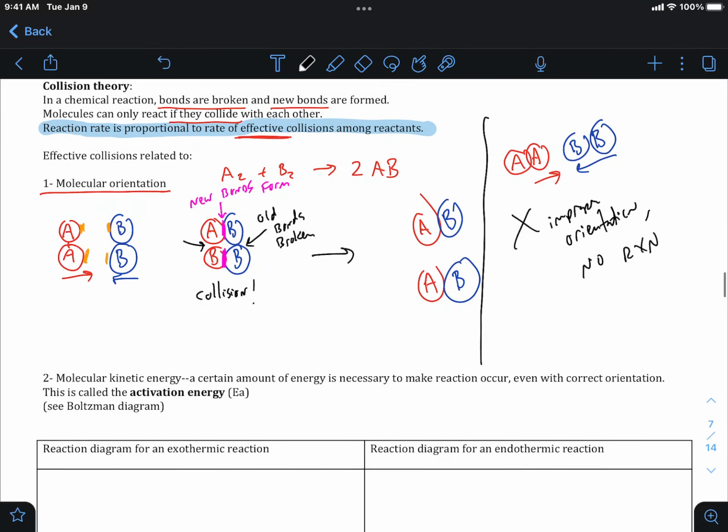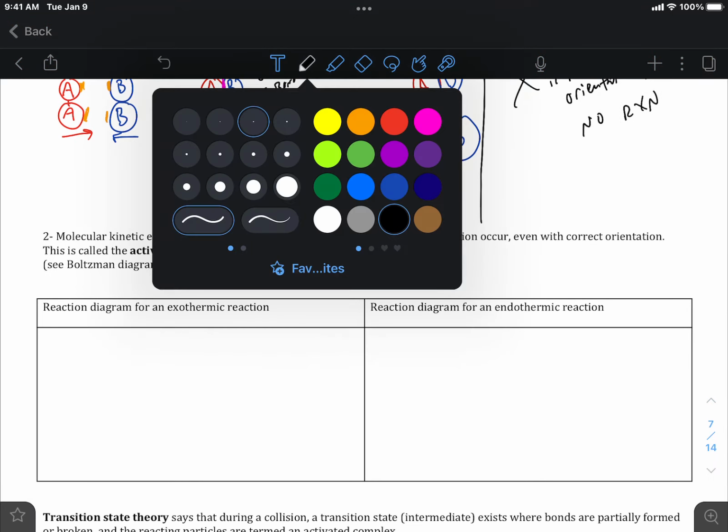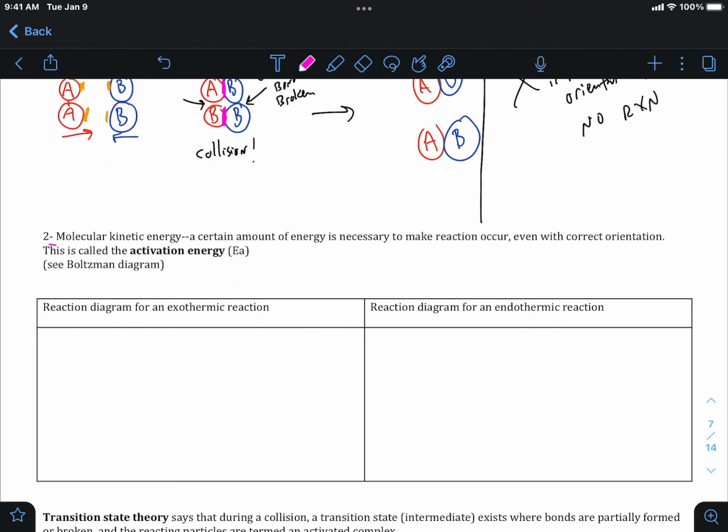The second factor is the kinetic energy. There's a certain amount of energy that is necessary to make the reaction occur, and this is called activation energy, or EA, energy of activation.